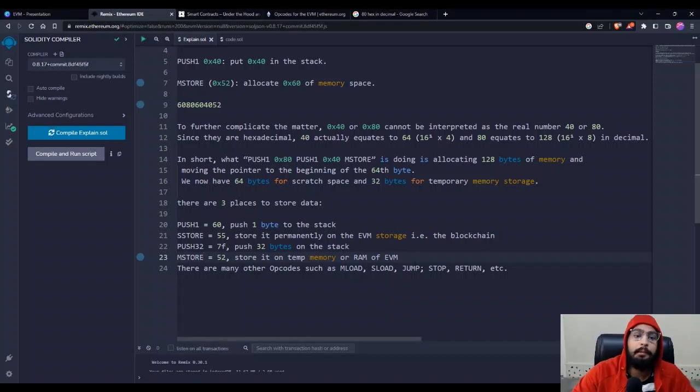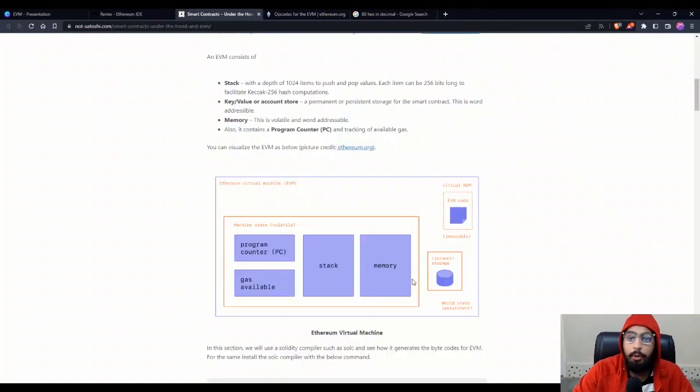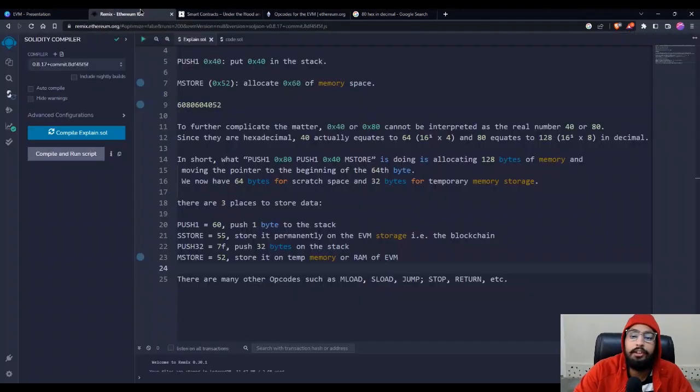So there are many opcodes as well, like MLOAD, SLOAD, JUMP, STOP, RETURN. We will not go through each and every opcode, but these are just 3 places, our stack, our memory, and our storage. Memory or call data and our storage, these are just 3 places where you can store the data, right? So this is what this opcode is doing.